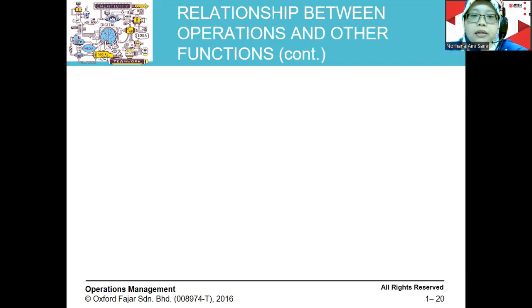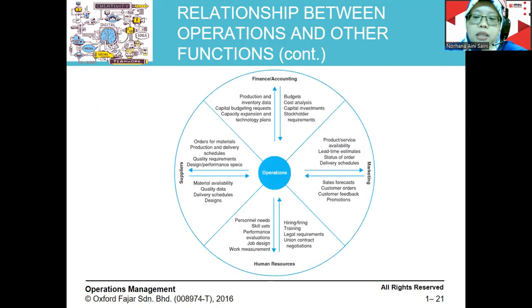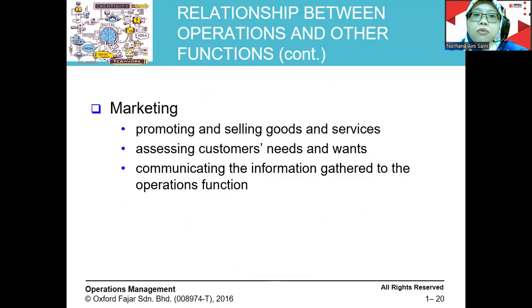All right, then the last one we have is marketing. For marketing, once we have the product or services, definitely we need to do promotion to the customers. That's why we need to work with marketing also lah. So marketing is promoting and selling goods and services.